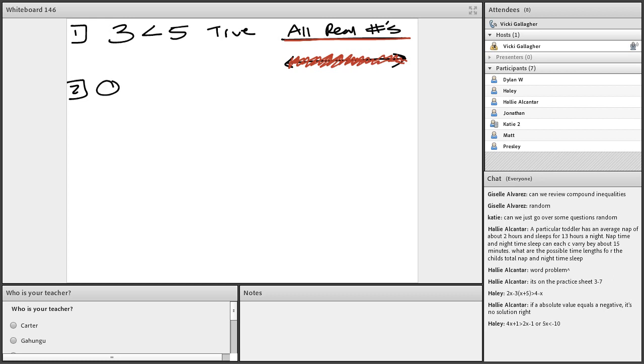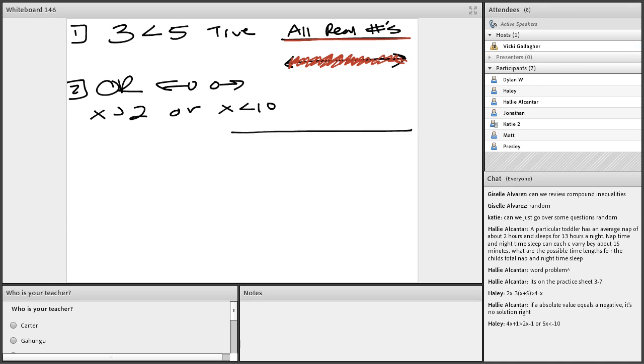Scenario number 2 would be for an OR problem, and I do see that we have an OR problem up there that you want to see done, and I will for sure do that as soon as I'm done talking about this. Okay, so on an OR problem, normally when we go to graph it, it's 2 circles and then the shading goes away. Sometimes though, we might have an OR problem where when we go to graph it, the shading goes towards each other.